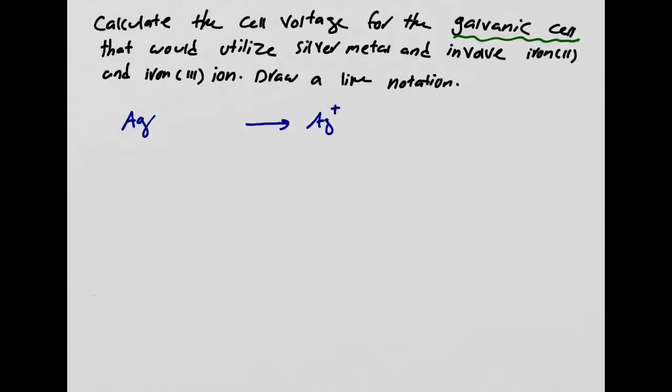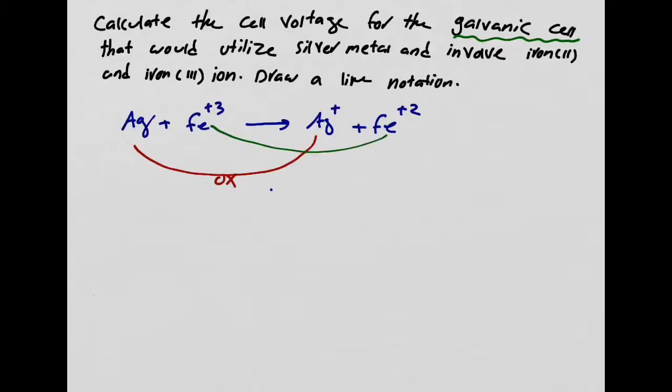What that means is this is going to get oxidized. And what happened to my iron? That means my iron needs to get reduced. So we have Fe plus 3 going to Fe plus 2, because then this one would get reduced. One has to get reduced, one has to get oxidized. Or, what do you think?